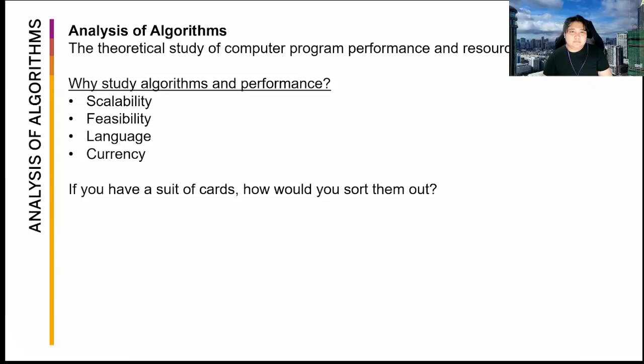Nakita nyo po dun sa paligid niya na dapat yung 1 is katabi ng 2 and yung 5 katabi po yung 3. Yung 1 dapat katabi ng 2 and yung 3 dapat katabi ng 5.